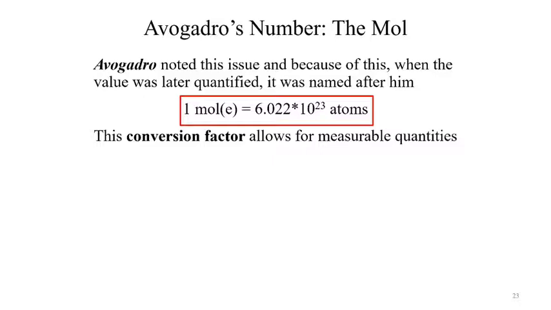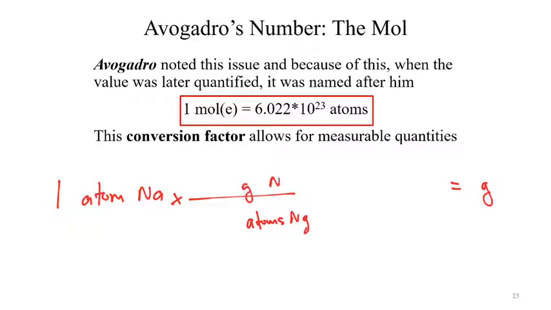If I want to measure out 1 atom of sodium, how many grams is that? I would need a conversion factor between atoms of sodium and grams of sodium. Well, that conversion factor doesn't exist. We don't have a relationship between grams and atoms.